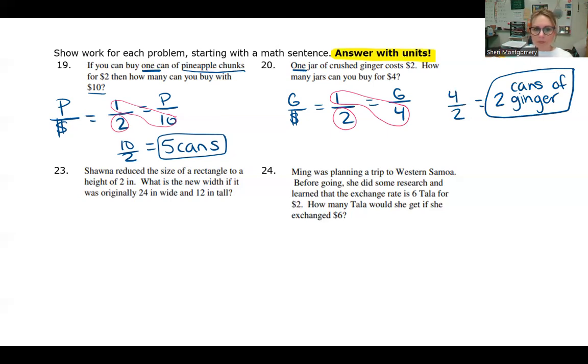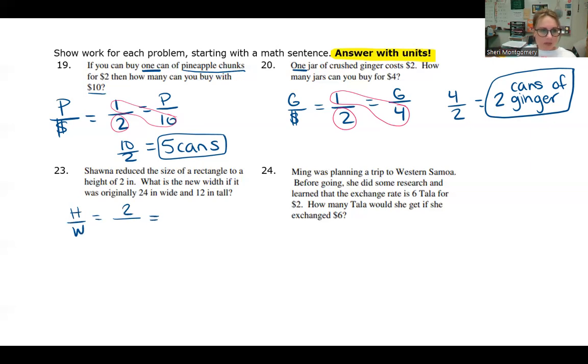I don't know how to do length and width and all that. Okay, so question number 23, it says, Shauna reduced the size of a rectangle to a height of 2 inches. So we are dealing with height and width. So height 2. What is the new width?